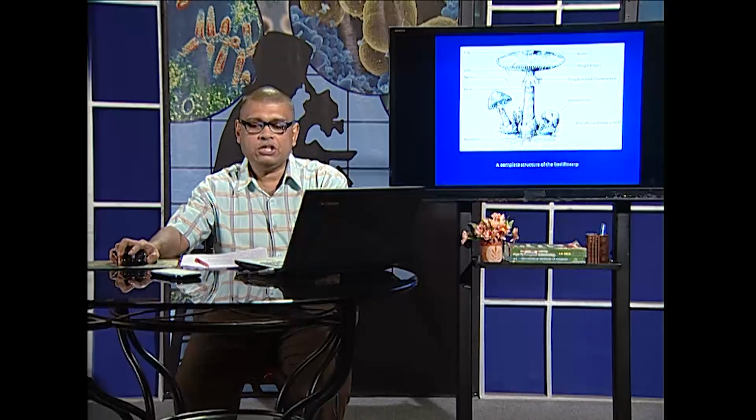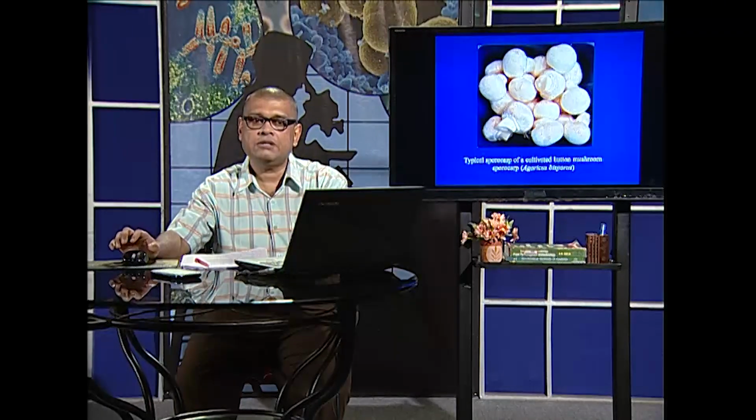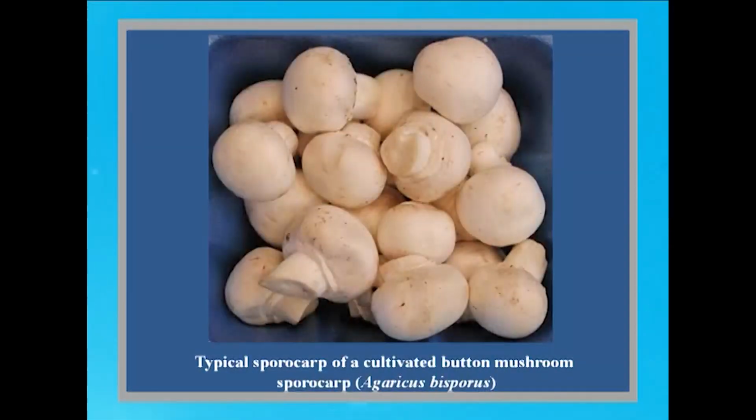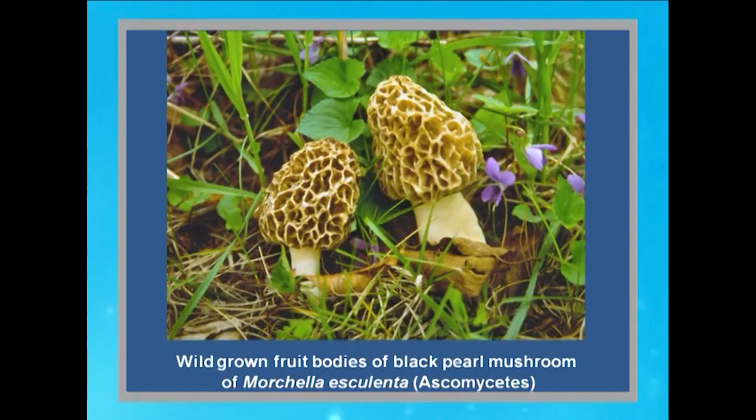Now, mushrooms actually can be cultivated or it can be collected from natural habitat. This particular sporocarp of Agaricus bisporus is a cultivated button mushroom. So, it is having a global palatability, consumed all over the world. But at the same time, this particular ascomycetous Morchella is not cultivated because it cannot be cultivated.